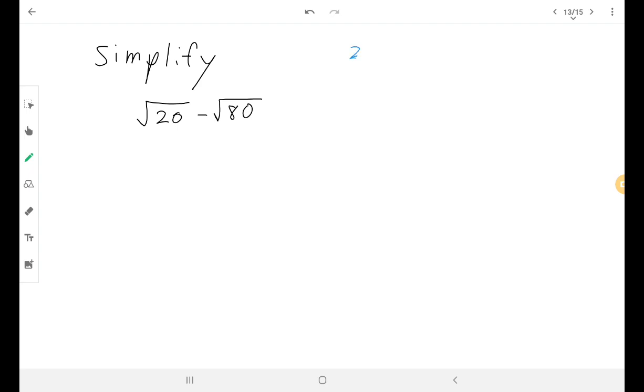Let's break down 20. 20 is 4 times 5. 4 is 2 times 2, so that's 2 squared times 5. 80 is 2 times 40. 40 is 2 times 20. 20 is 2 times 10. 10 is 2 times 5.